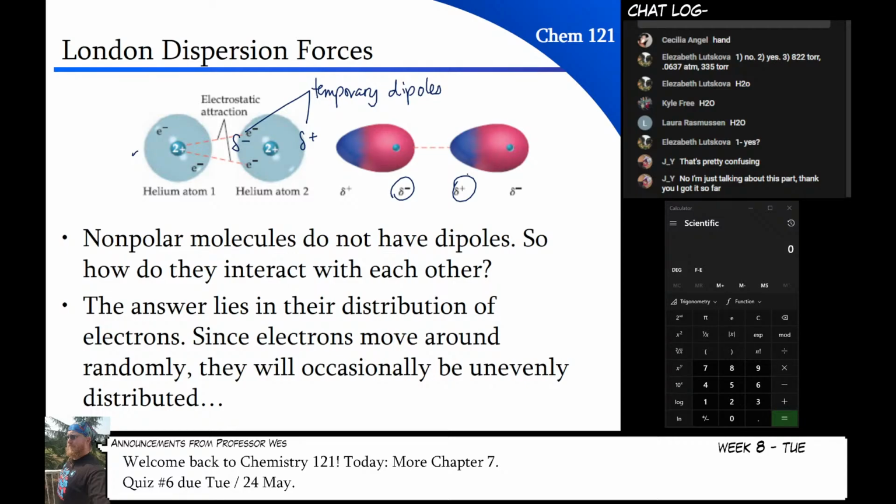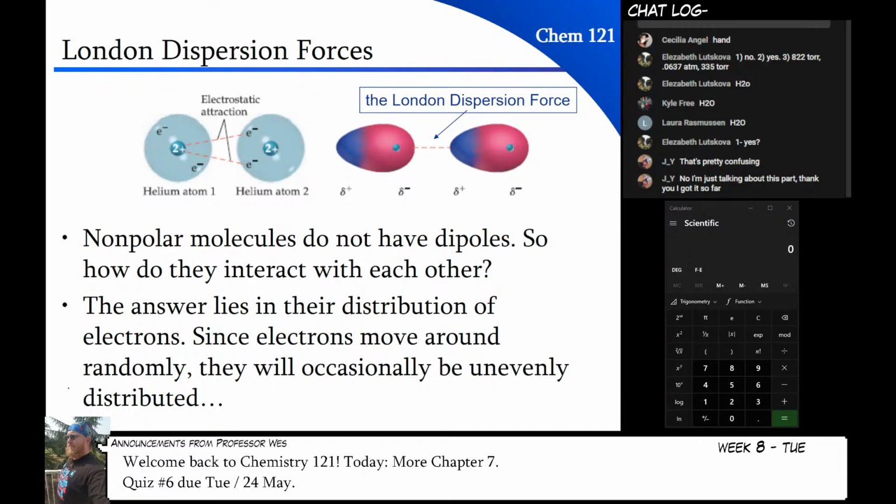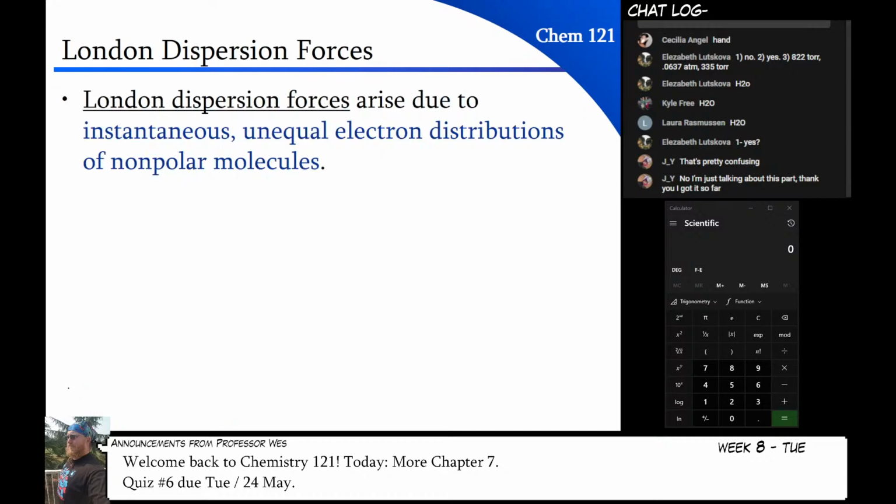And so we get a temporary attraction, and this temporary attraction is called the London dispersion force. So the London dispersion force is just the result of attractions that happen randomly. Random attractions due to unequal electronic distribution.